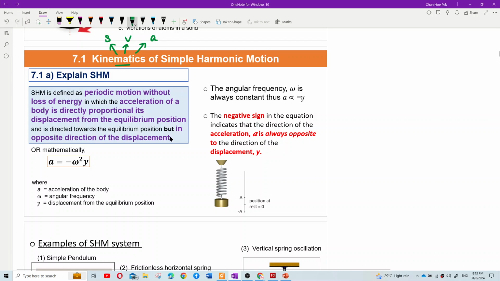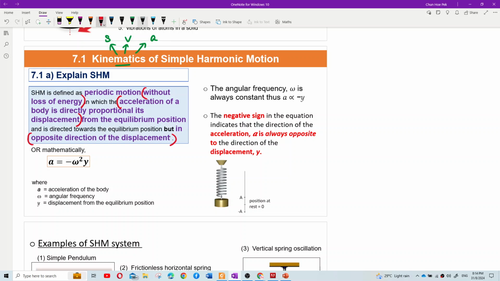Maybe we need to break up this statement. First, what is SHM? It is without loss of energy, there's no loss of energy. And one more thing is that acceleration is proportional to displacement, and also in the opposite direction to the displacement.